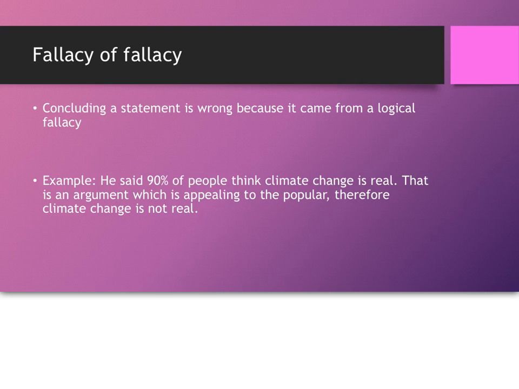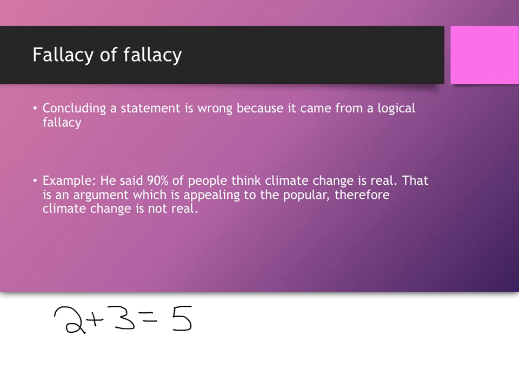Now, this brings me to the idea of fallacy of fallacies, because, right, maybe 80% of people, or 90% of people, believe 2 plus 3 is 5. So the reasoning behind stating 2 plus 3 is 5 because a lot of people think it is wrong. But that doesn't mean 2 plus 3 is not 5.